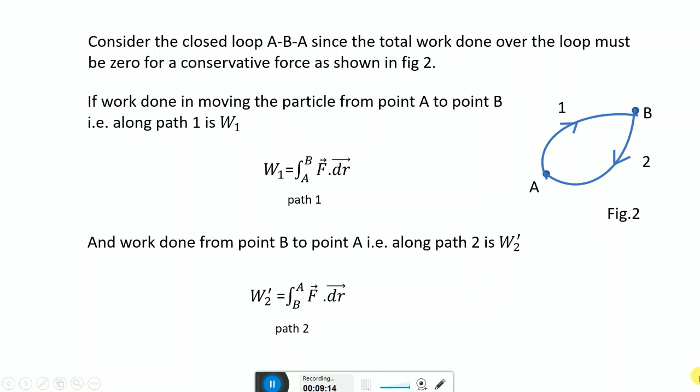So we call it a loop. So we get W2 dash equal to the integration from B to A of vector F dot vector dr. So from the figure, we get the values of W1 and W2 dash. We have to show that the total work done is equal to 0.